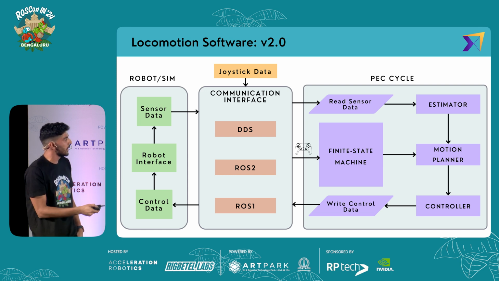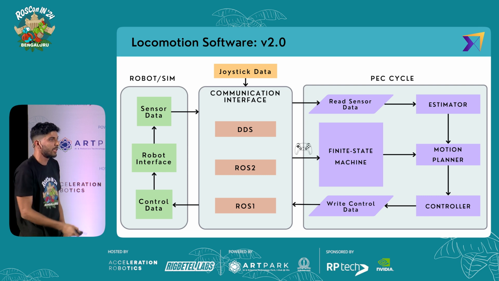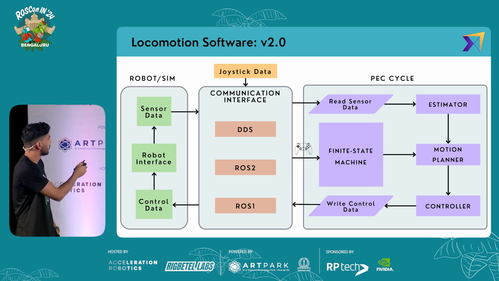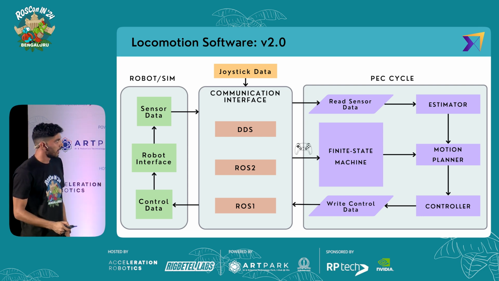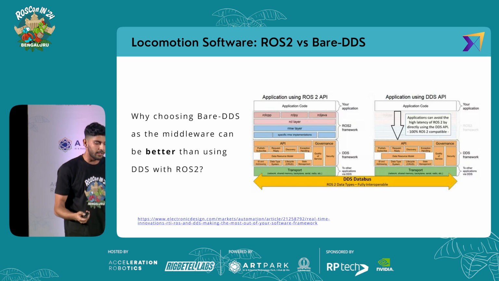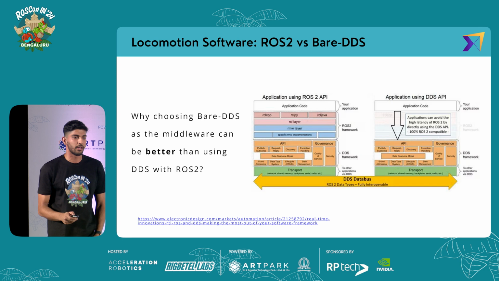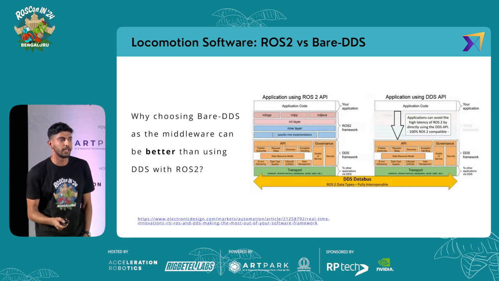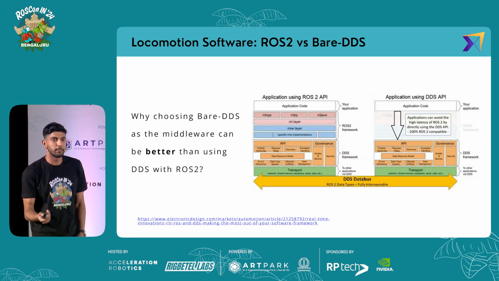The communication interface basically supports all these three schemes, and finally, the sensor data from the robot interface is again fed back and forth from the communication interface. Now, at this point of the development of the software, we had a choice: either use ROS2 as the middleware for the Locomotion software, or go with bare DDS.